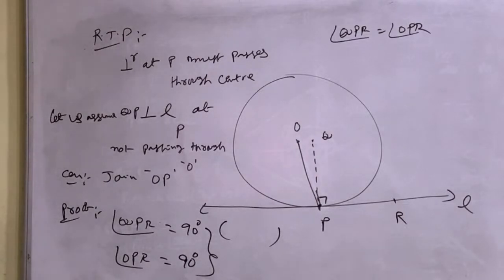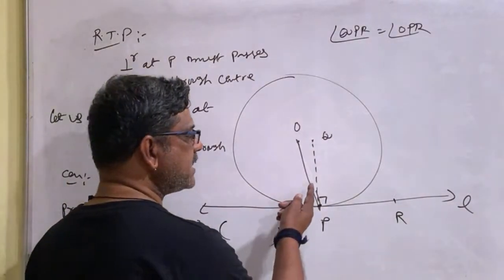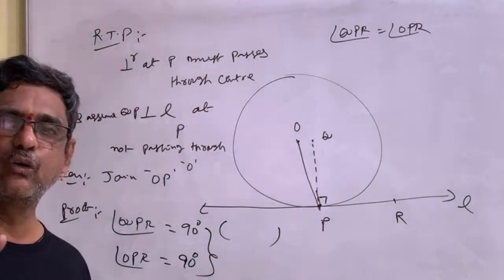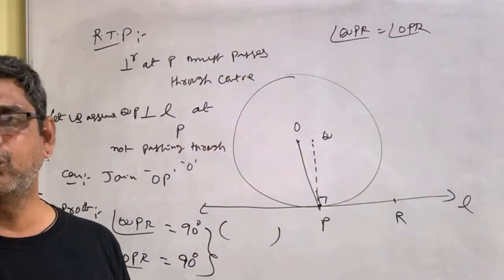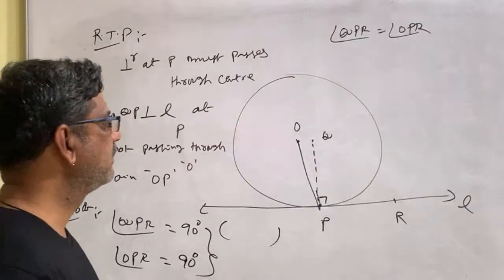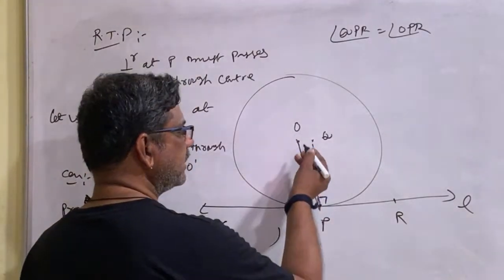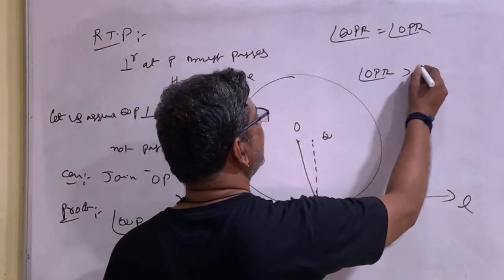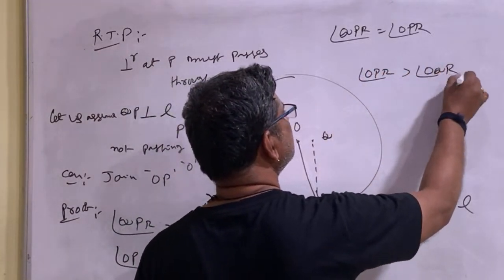Or otherwise you can see, if we consider QP and OP are two different line segments, okay? Then from the figure we can say that angle OPR is greater than angle QPR.